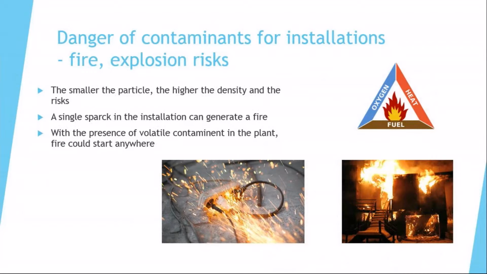So with the dispersion of the fumes, the gas, the volatile contaminants, the risk is now present in every single part of the plant, and not only at the generating point. So this is the main interest of the aspiration at source, limiting the propagation of the contaminants to the whole plant.